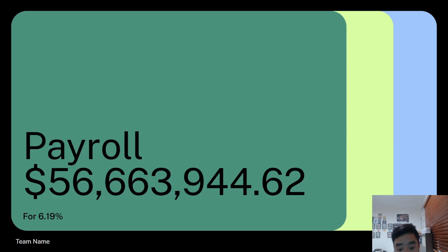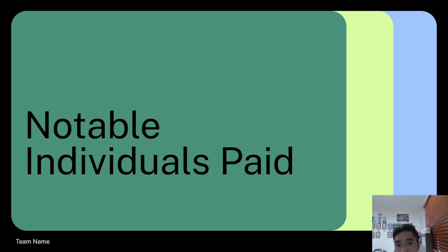Payroll was the second most expensive spender at $56,663,944.62. This accounts for 6.19% of the total spending. I want to focus on the notable individuals. These were the top people, but some didn't really have an online presence, so I didn't want to go over those. I just want to know the people who are the face of it.